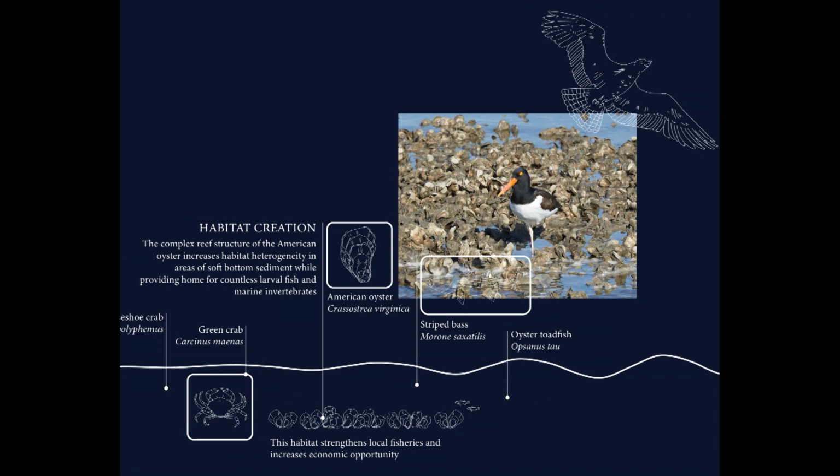They also filter an insane amount of water, and so they play an important role in local nitrogen cycles. They also improve water clarity so that more sunlight can get down to the bottom, and your submerged aquatic vegetation that needs sun is happy and produces lots of oxygen, so really important.